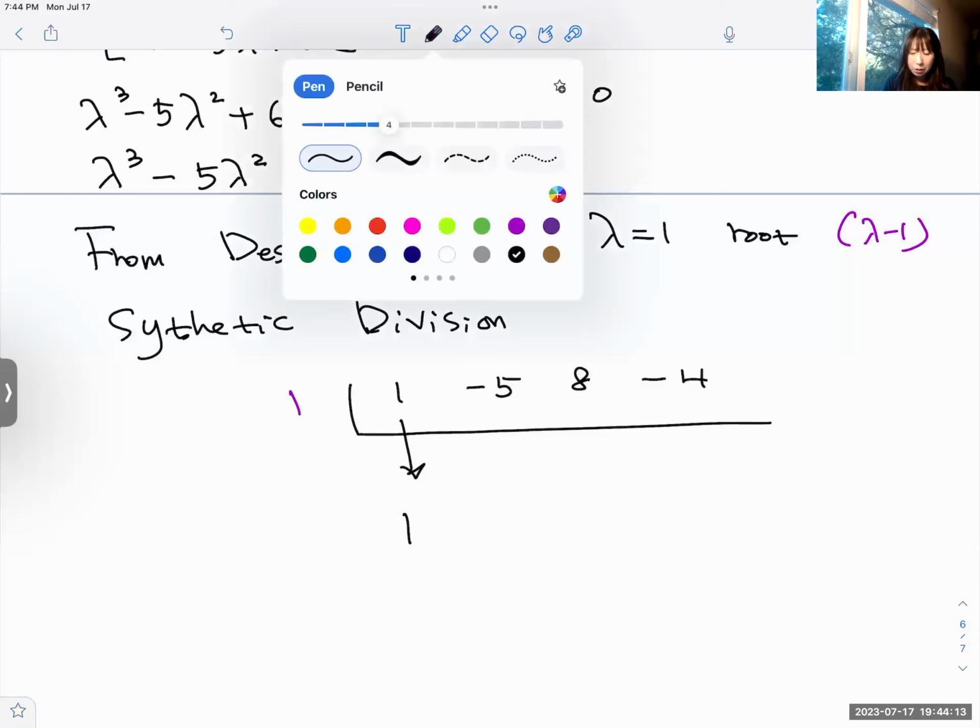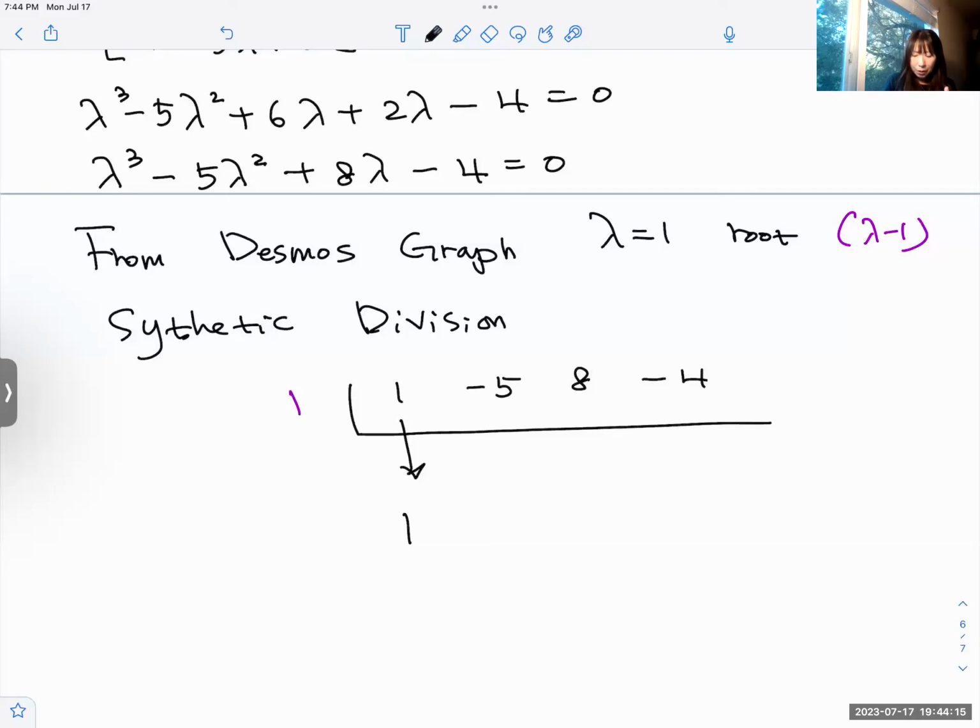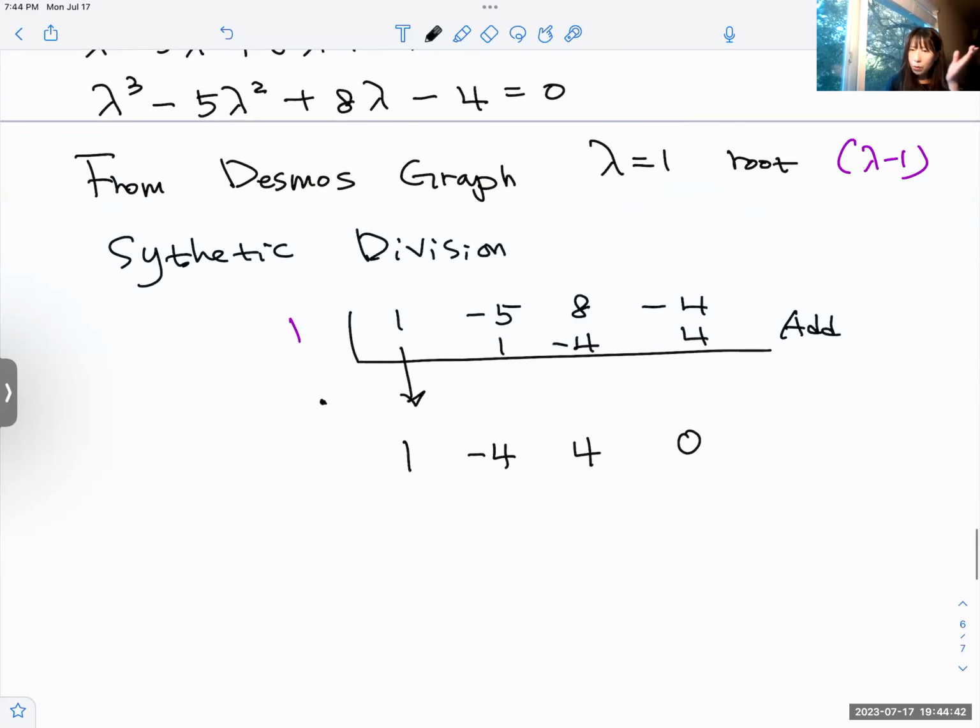This is synthetic division. Okay, we always bring down, then multiply. What do you get? It's 1. We add them, so we have negative 4, good. We multiply, we get negative 4. We add them, we get positive 4. And we multiply, then we get 0, right? So the last one is always the remainder. Thank you very much.